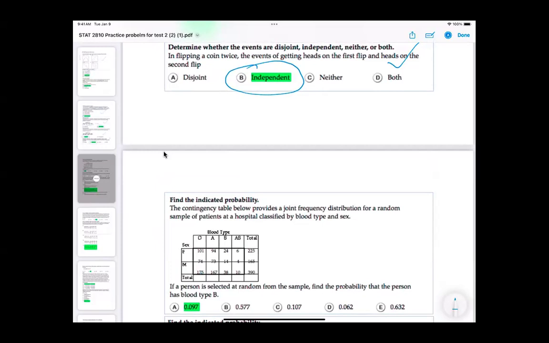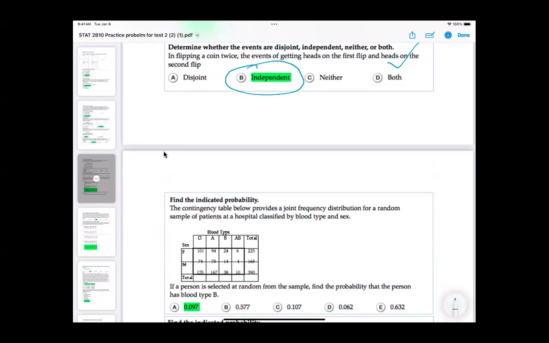So then the question is asking you, if a person is selected at random from the sample, you should find the probability that the person has blood type B. How do you find that? The 38 for the total of people with B type over 390 for the total of all people selected. That's correct. 0.097.